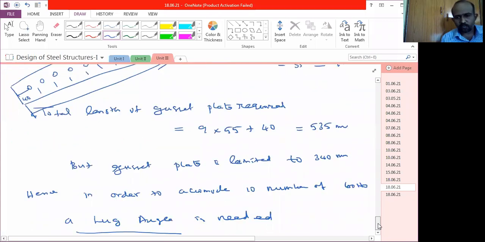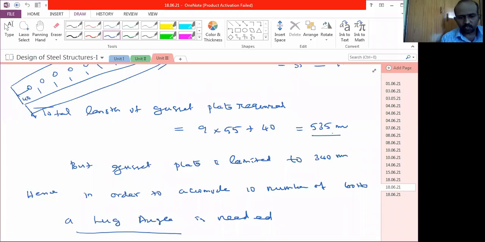And gusset plate required is 535 mm. So I cannot provide 10 bolts on this gusset plate of 340 mm. Then a solution can be found using the leg angle concept. We can accommodate 10 bolts by providing an additional angle.